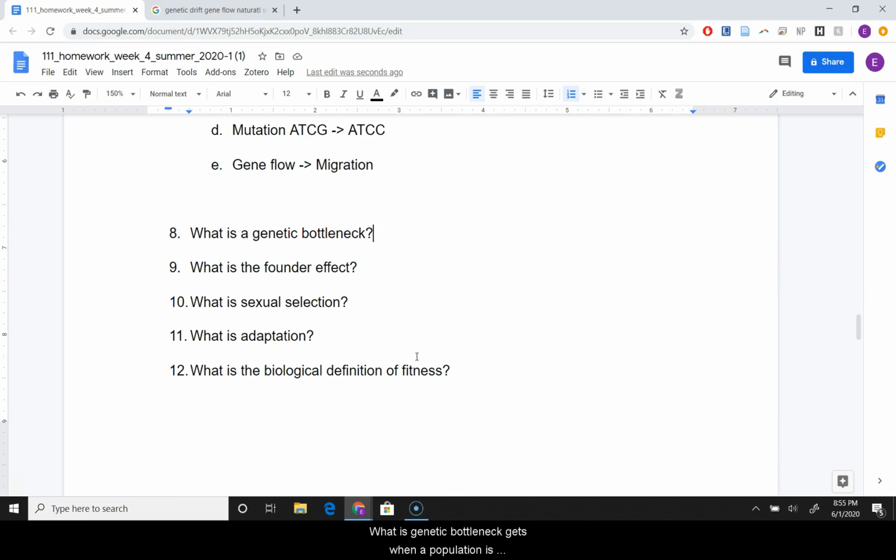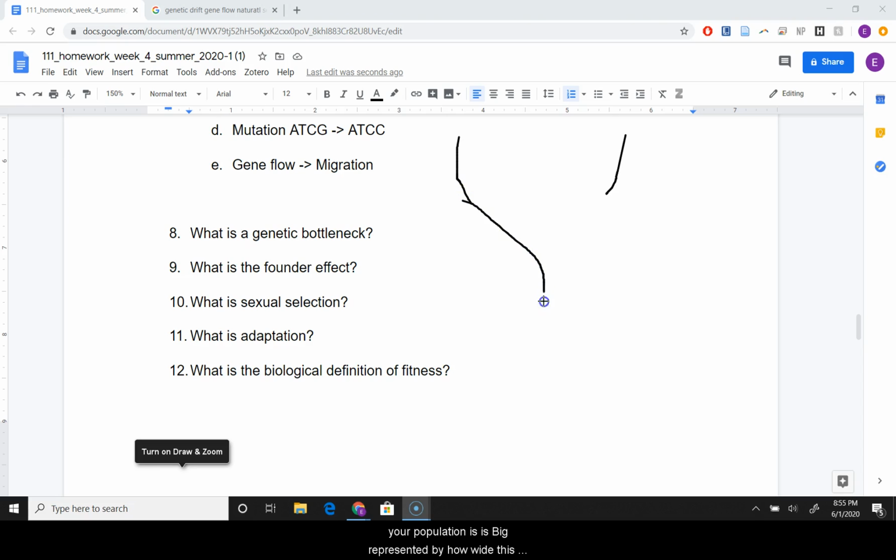What is a genetic bottleneck? It's when a population is squeezed down like a bottleneck into a much smaller size than where it started. Let's say your population is big, represented by how wide this is, and then some event happens and causes your population to contract a huge amount. An example of this would be the cheetahs in Africa.